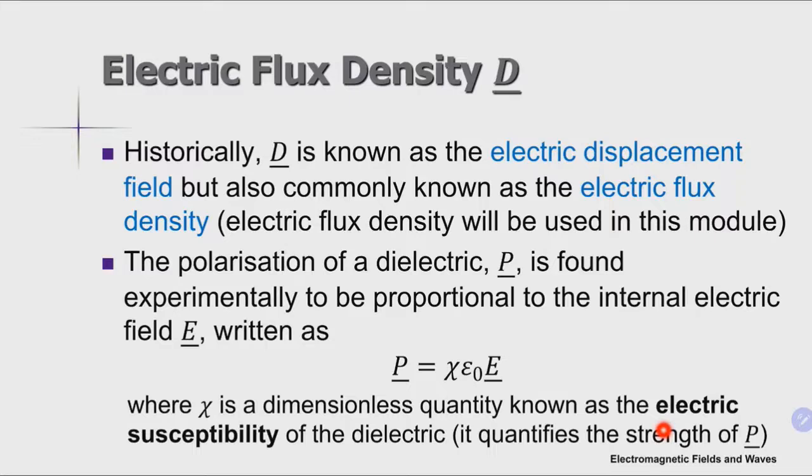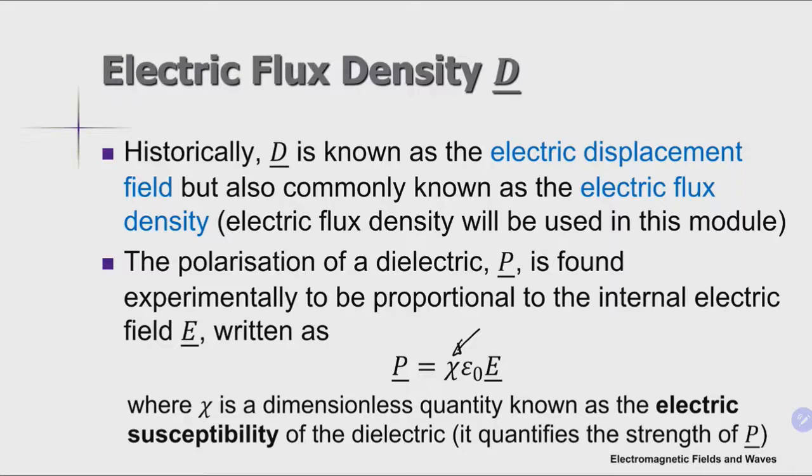And it's called the electric susceptibility of the dielectric. Basically it tells you how well the materials polarize. So different materials have different, I don't know what this is called, what's the Greek symbol of this?